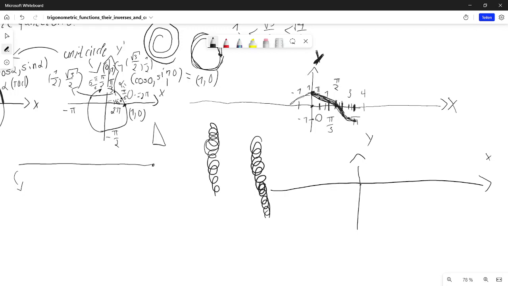And now let's draw a nice picture, well, more or less nice. We start here, and we go to pi half, and then we go to pi, right?